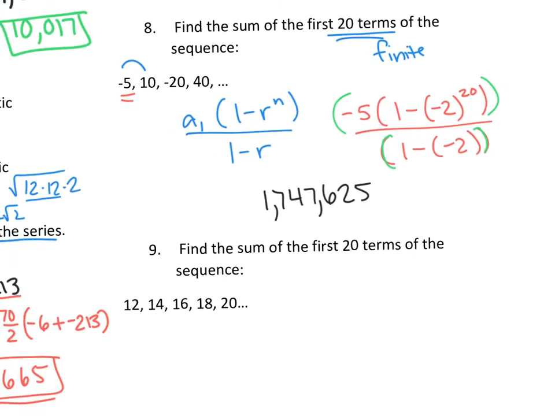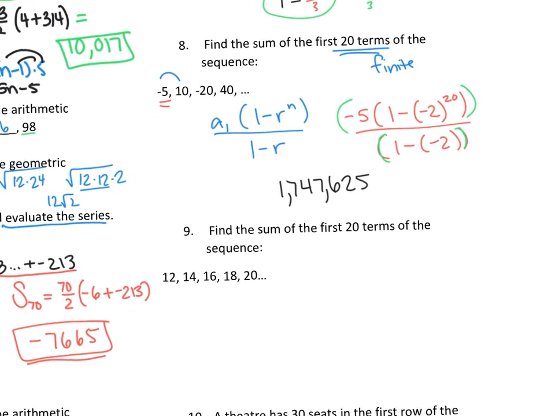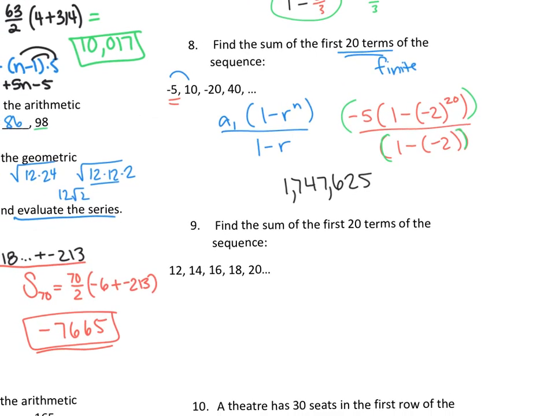Okay, number 9, find the first 20 terms of this sequence. So you have to evaluate this series. Well, this series is an arithmetic sequence. So you're going to use this formula. The sum of the first 20 is 20 over 2, the first term plus the 20th term. I don't know what the 20th term is, so I'm going to have to do a little bit more work.